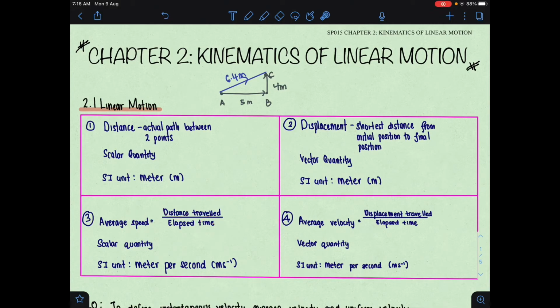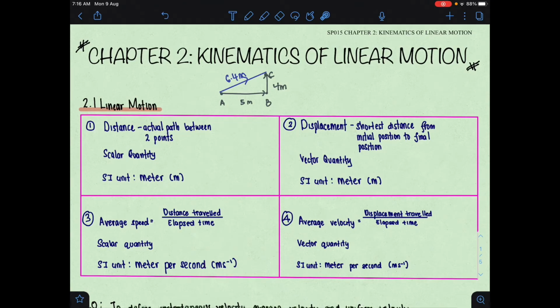Okay, since your distance is a scalar quantity and you divide by time, which is also a scalar quantity, you end up with your speed as a scalar quantity as well. Okay, so jarak, the total journey yang kamu lalui bahagi dengan masa yang kamu ada, kamu akan dapat average speed dekat sini. Okay, it is a scalar quantity, it does not have direction, and the unit here is meter per second.